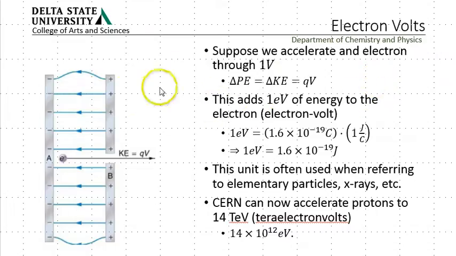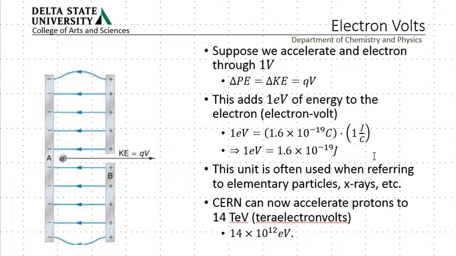If we do this through 1 volt, we say it adds 1 electron volt of energy to the electron. 1 electron volt is just 1.6 times 10 to the minus 19 joules. You're like, well, why do we make up this crazy unit, the electron volt?